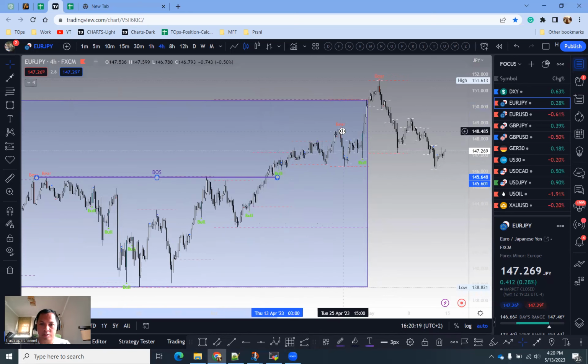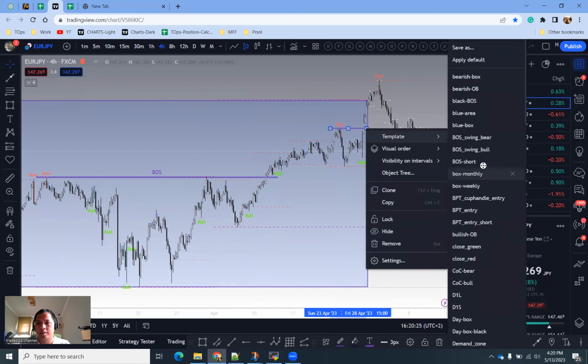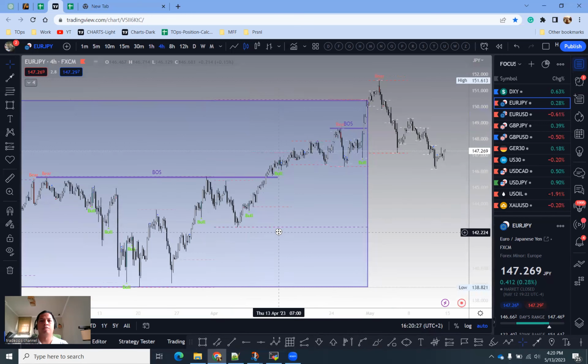So kasi continuing to this, and again mayroon na namang break of the structure, swing bull. So yung dinagdag natin dito is really putting an attention sa mga swings. So kaya idinadagdag ko itong swing line using an arrow.